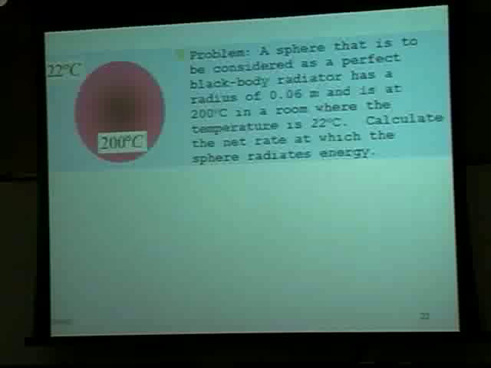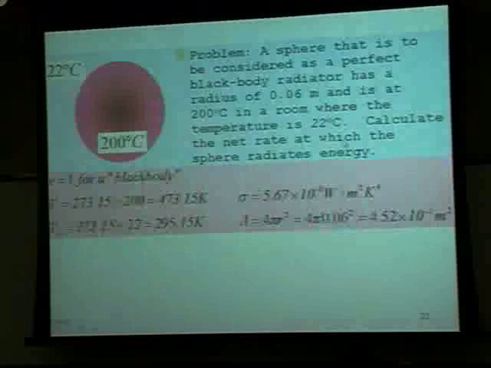Radius of 0.06 meters. So I'm going to have to calculate the surface area of this sphere, which would be 4 pi r squared. What else will I have to be careful about? The temperature, and we're going to have to convert both temperatures to Kelvin. So the temperature of the body at 200 degrees Celsius and the temperature of the room at 22 degrees Celsius.